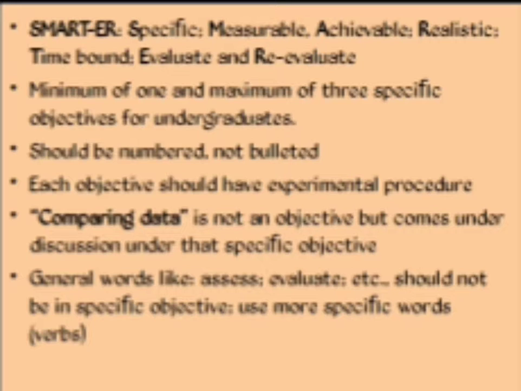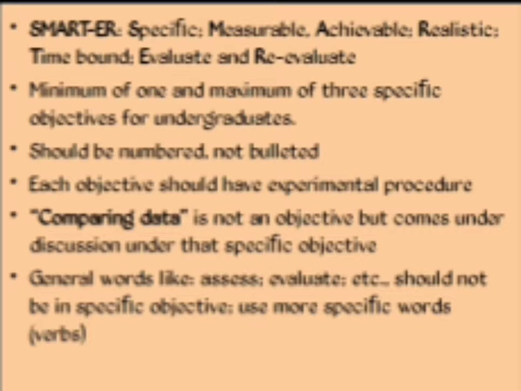A minimum of 1 and a maximum of 3. This is for undergraduates. For graduates, I'll produce another video for you. But for undergraduates, you can play around with 1 or a maximum of 3 specific objectives, because here we are looking at the fact that you don't have enough time to do most of this research.